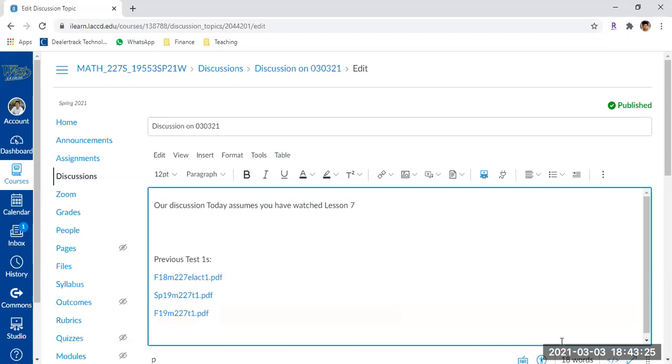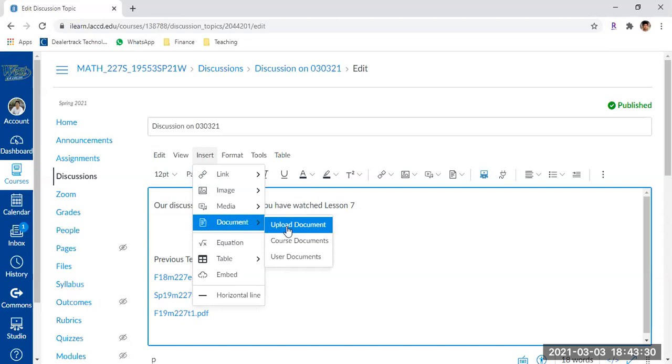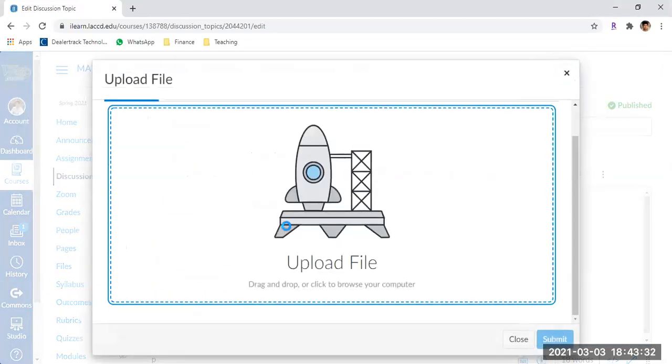And then spring 20. So I give you 4 old tests to work with, 2 of them already done in class.